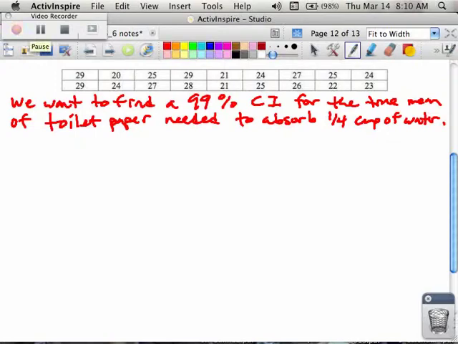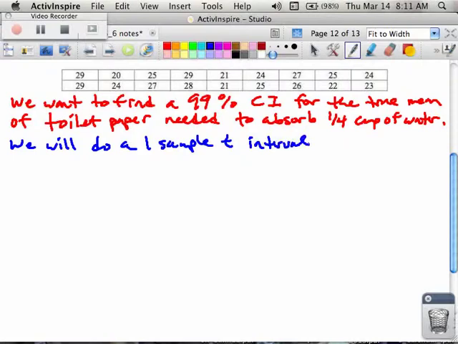We're going to plan what's going to happen. So we will do a 1 sample T interval for mu since sigma is unknown. We don't know the standard deviation.